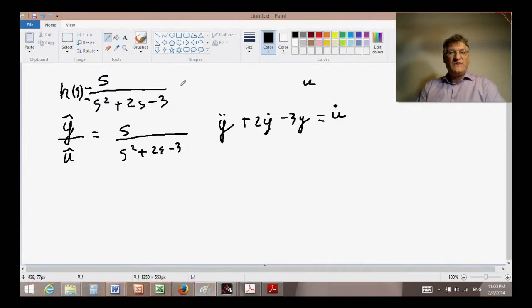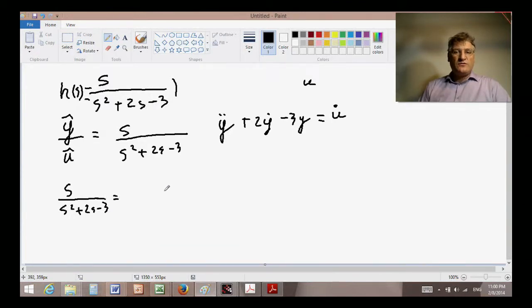One of them is to go to a partial fraction expansion. S divided by s squared plus 2s minus 3 will be equal to a over s minus 1. Indeed, 1 is a root of that polynomial, plus b over s plus 3.